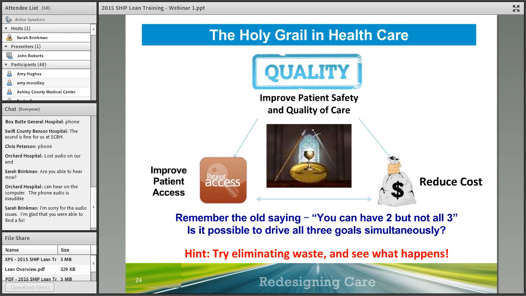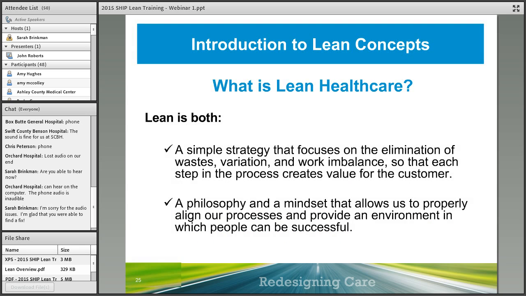I've seen it through the projects that we've done with our hospitals in Nebraska: through these lean projects and lean thinking, we have been able to increase quality and at the same time reduce cost. Again, that puts us in a position to provide access to care in our rural areas.